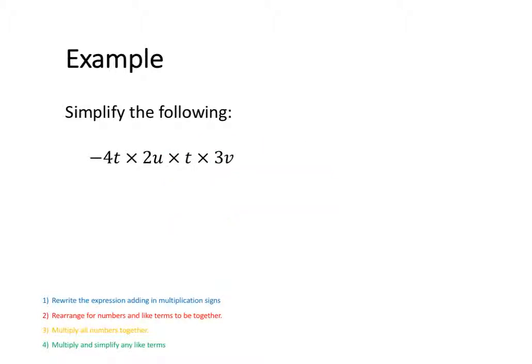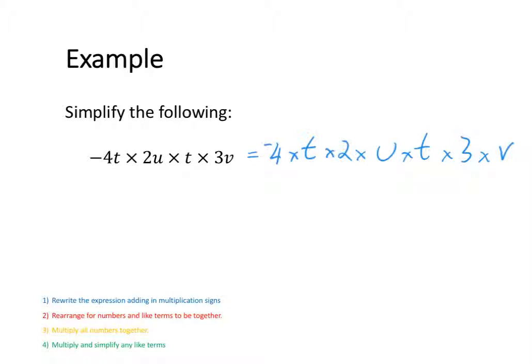So in this example, I want to simplify negative 4t times 2u times t times 3v. So the first step is going to be rewrite that expression, adding in all of the missing multiplication signs. So it's going to be negative 4 times t times 2 times u times t times 3 times v.